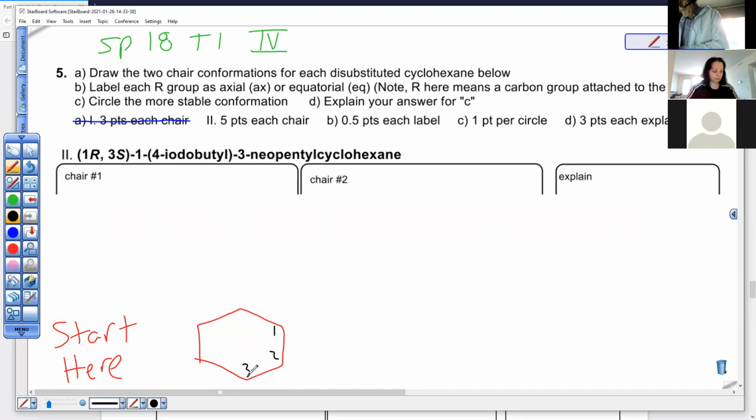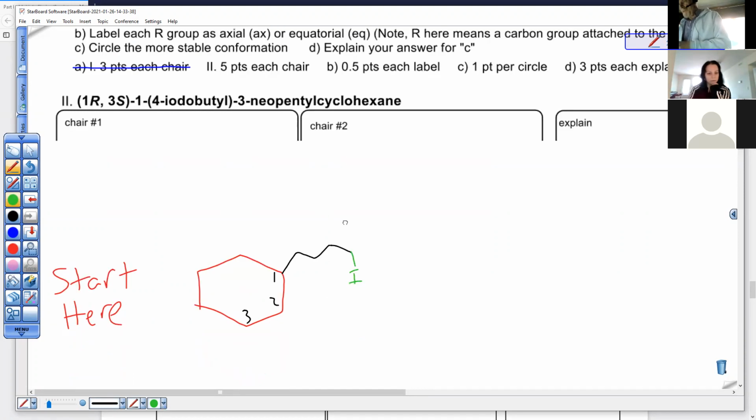How do you draw an iodobutyl? You draw the butyl first: 1, 2, 3, 4, with an iodo off of the fourth one. And on carbon 3, we draw our friend neopentyl, which is CH2, then your chicken foot. Don't forget, there's an H on each of these stereo centers.